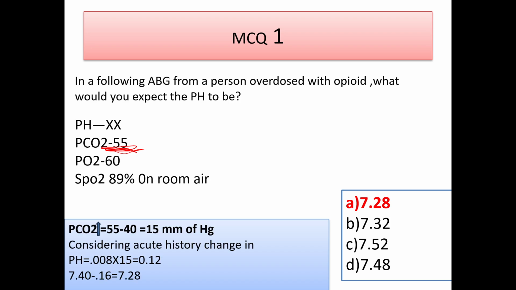PCO2 55 minus 40 is 15 millimeter of mercury, and considering acute, 0.008 for every 1, so for 15 is 0.12. That is the pH change we are expecting. So the pH will be acidotic, 7.40 minus 0.12, and what we get is 7.28. So 7.28 is the correct acidotic condition.